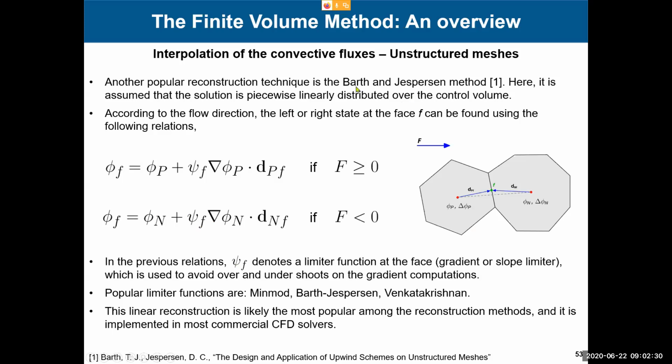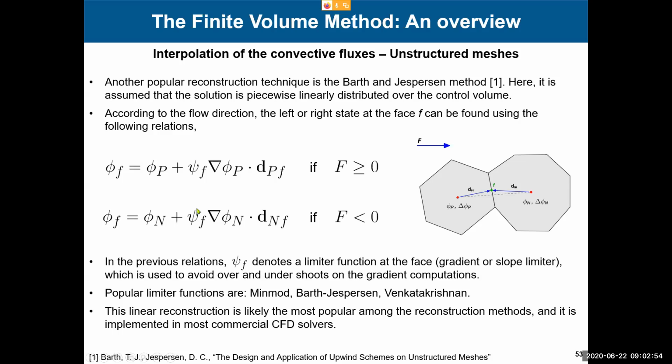Another popular way, I mentioned the Barth-Jespersen. So Jespersen, something like this, like the linear, you add the limiter, and then you reconstruct from here, from the cell center to the face. Okay, see that you are introducing the gradient. So here, the gradient of the cell to reconstruct the value at the face. Okay, and there are many here.